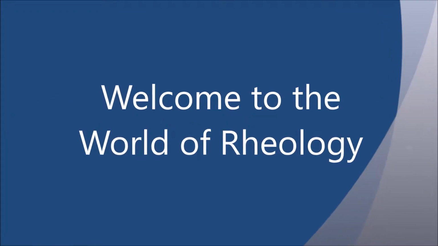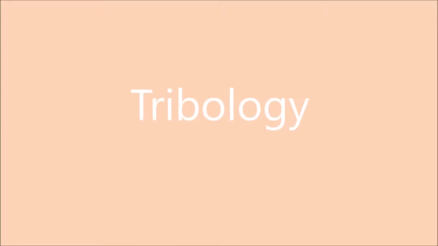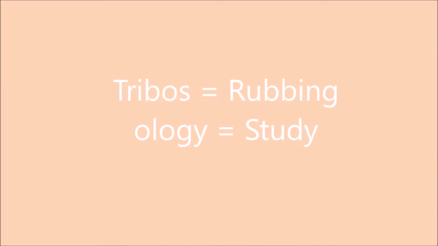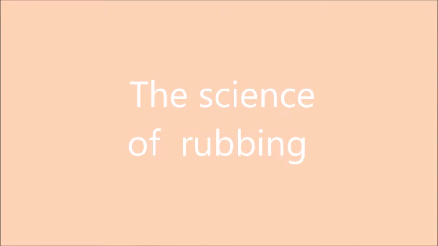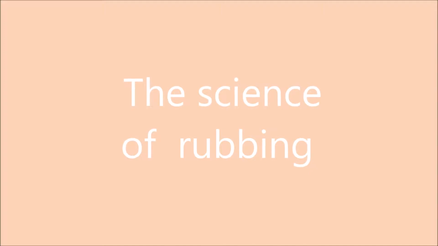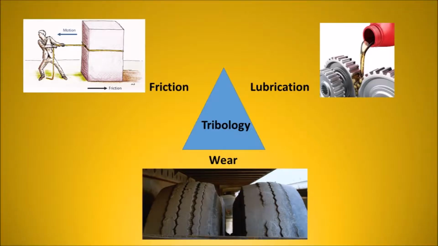The word tribology comes from the root Greek words of tribos, meaning to rub, and ology, meaning to study. This gives a pretty self-explanatory idea of what the field is about. In order to do this comprehensively, tribology incorporates elements of friction, lubrication, and wear in such a way that information can be gathered about the systems being tested.